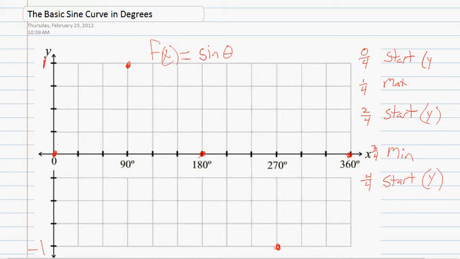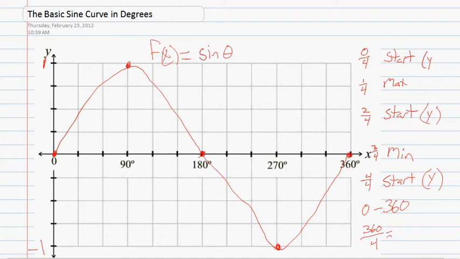Well, a full rotation, so if we make a nice easy curve, and this doesn't have to be 100% accurate, we could draw some points in between, but I'm not going to worry about that right now. We know that a normal sine curve goes between 0 and 360. So all I do is take 360 divided by 4 and I get 90 degrees.